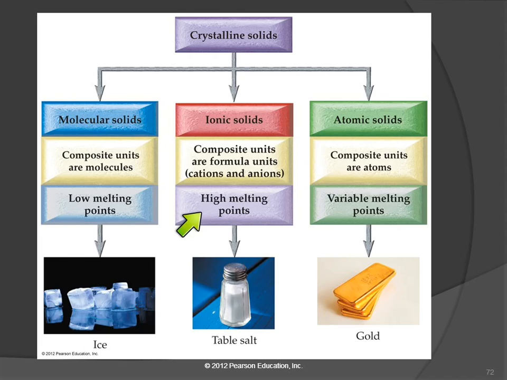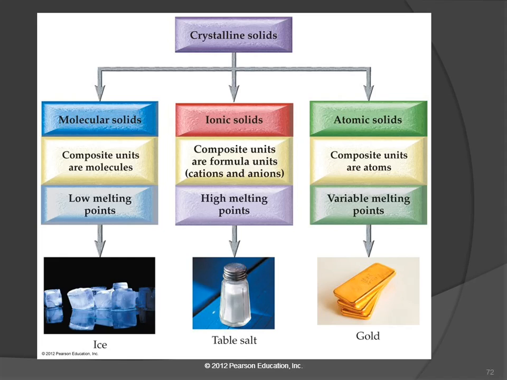Ionic compounds contain ions, and what's holding the ions together? Ionic bonds. A sodium chloride crystal, like in this table salt shaker. A crystal of this is large enough that you can see it, right? If you look closely, it's a little cube. It looks like a tiny crystal because it is.